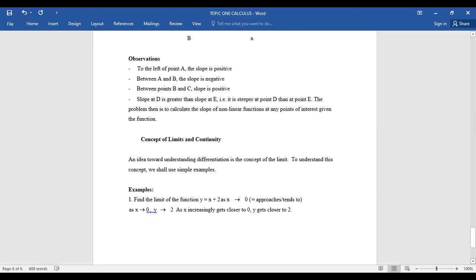This will bring us to the understanding of differentiation in an easier way. For example, if I say that y is equal to x plus 2 as x approaches 0, allow me to present a better one. Let me stop sharing this.